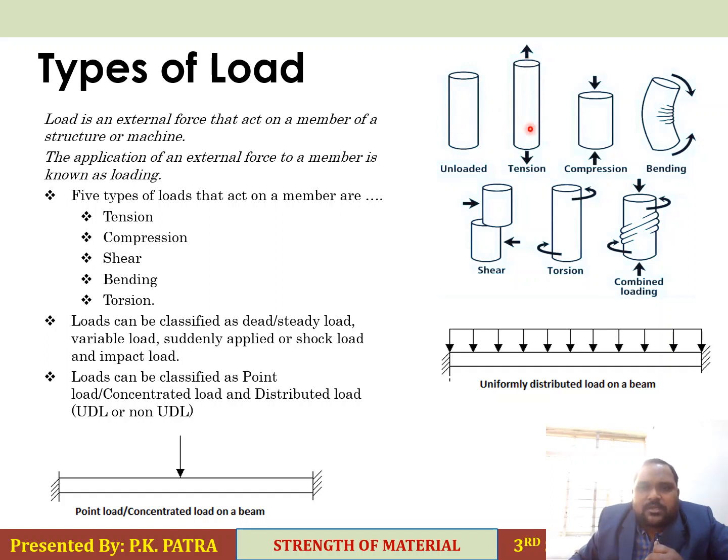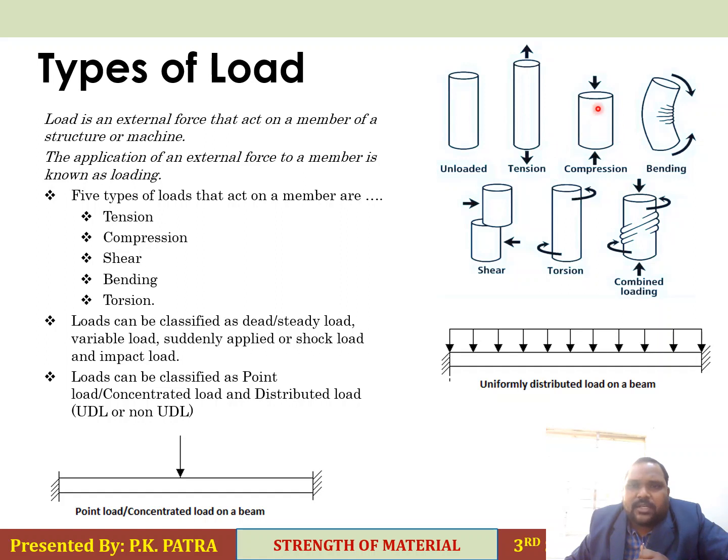This one is the tension, means you are applying the pulling force so that the material may elongate. So the length of the material may increase. That means there is a tension force acting on the material to expand its length. Then you can say this is the tension load.